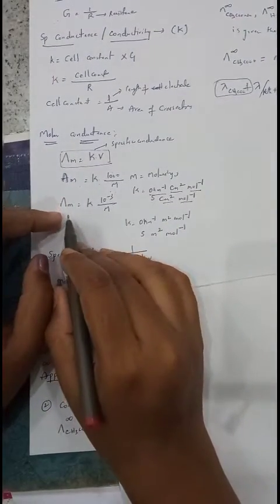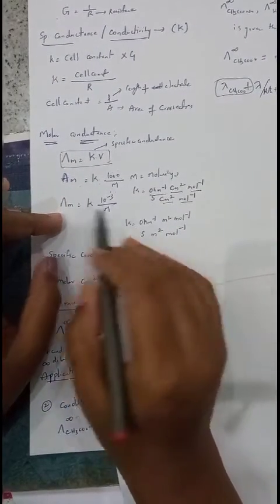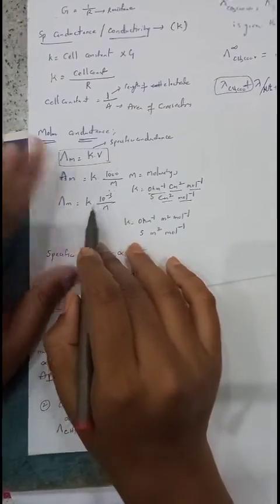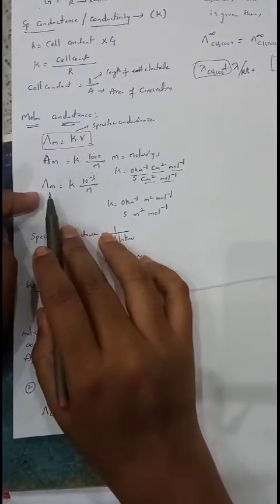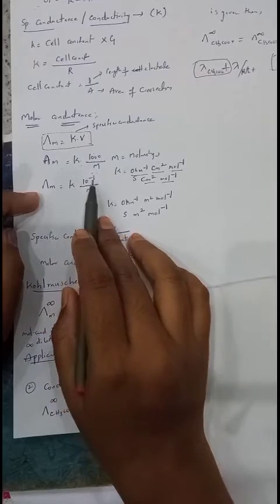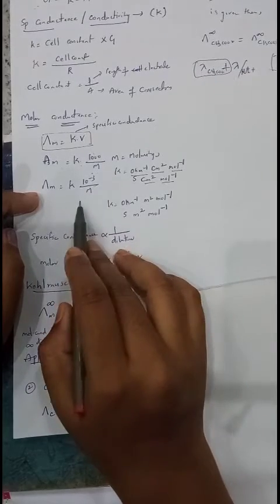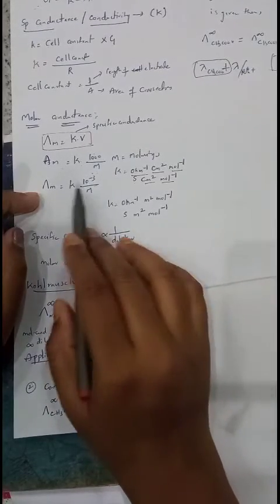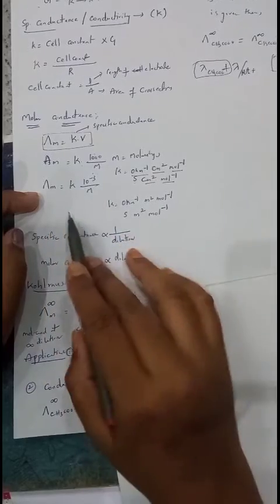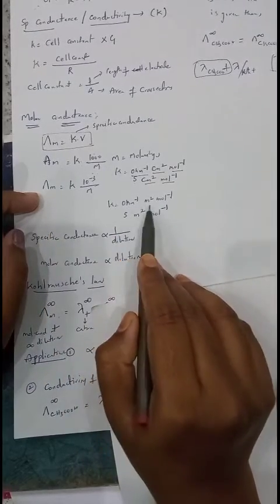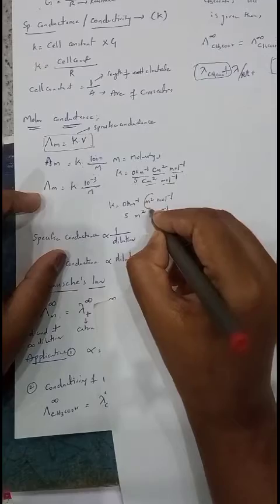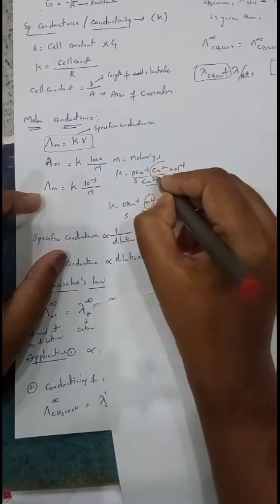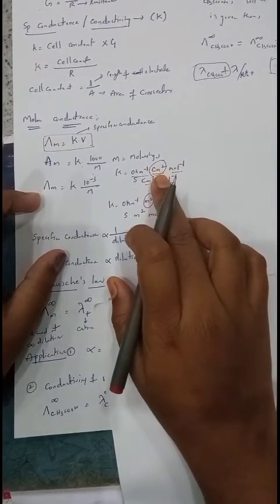In the same manner, the lambda value also changes whenever the K value changes. Lambda m can be calculated by one more formula, that is lambda m equals K into 10 to the power of minus 3 divided by M. We use this formula when the K value is given in ohm inverse meter square. Here you can see the difference: here meter square is given, and there centimeter square.